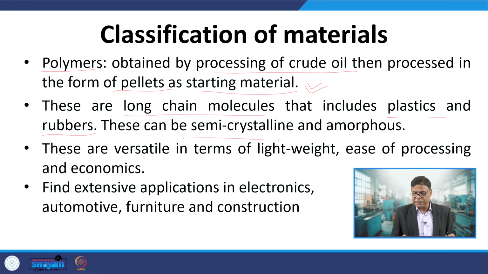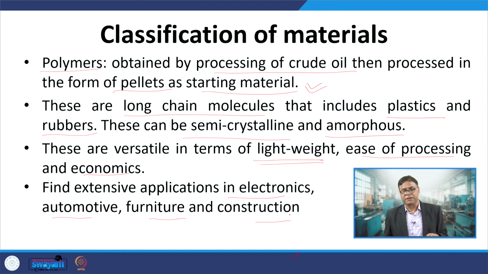These can be semi crystalline or amorphous, which in turn affects their mechanical properties and the response to thermal conditions, or response to heat. These are versatile in terms of being lightweight, ease of operation and economics. So, these are cheaper actually, these can be processed easily because of the low melting point, and of course, these are very light in weight, and therefore, these find extensive applications in electronics, automotives, furniture and in the construction industry.